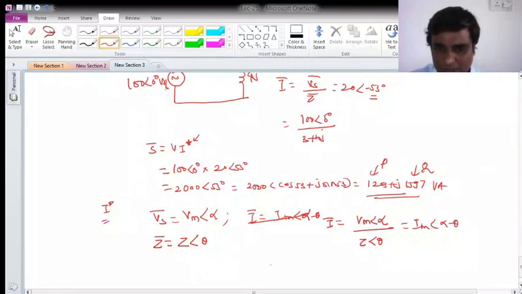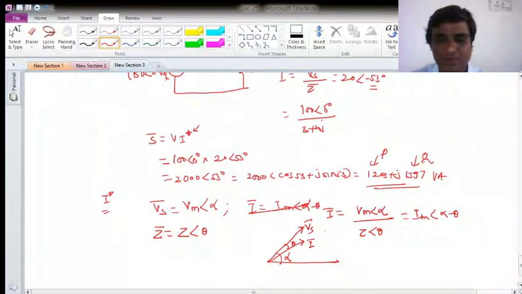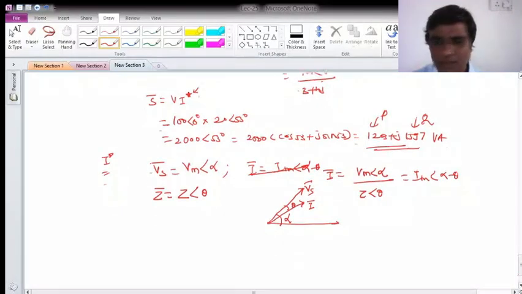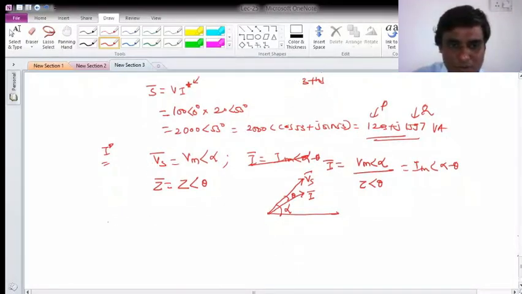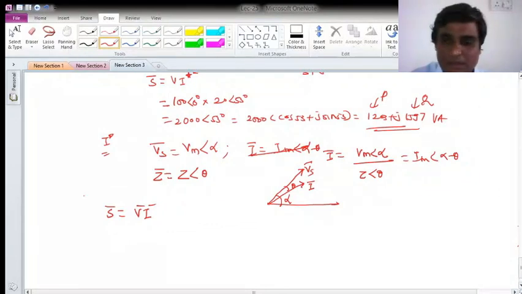Say this is my V phasor or Vs phasor with angle alpha, and we know for an RL load the current is lagging by an angle of theta, so it will be alpha minus theta. Now I would like to calculate the complex power. In order to do so, let me take only V bar and I bar, not the complex conjugate.